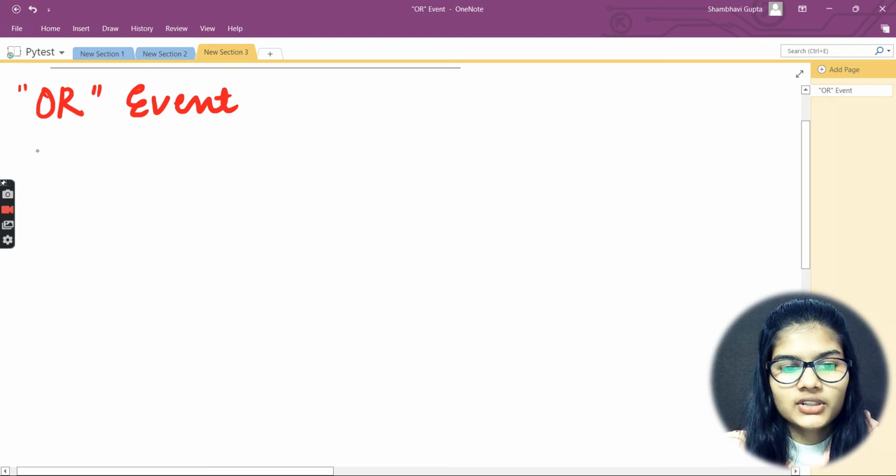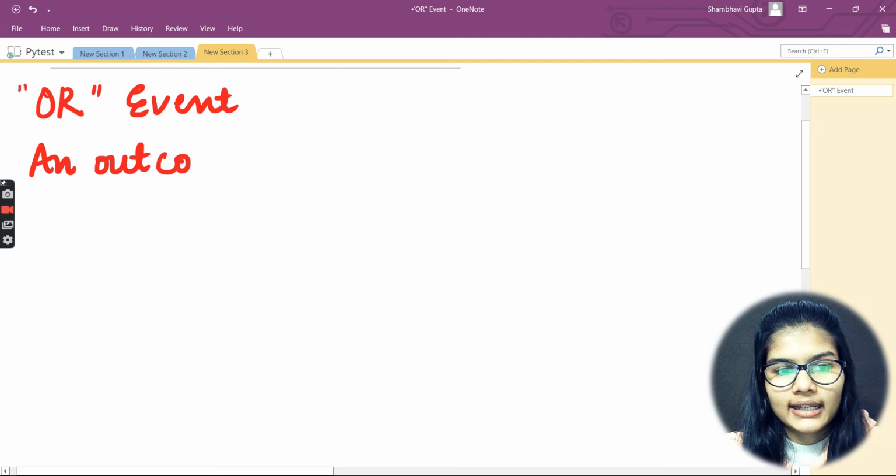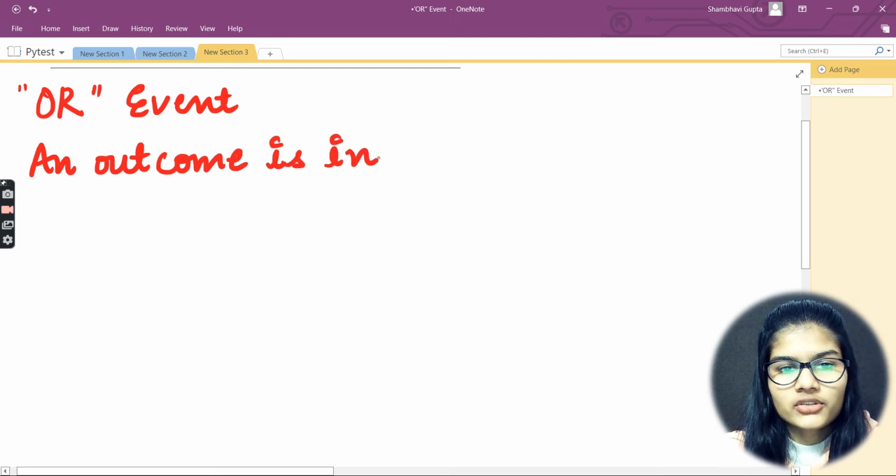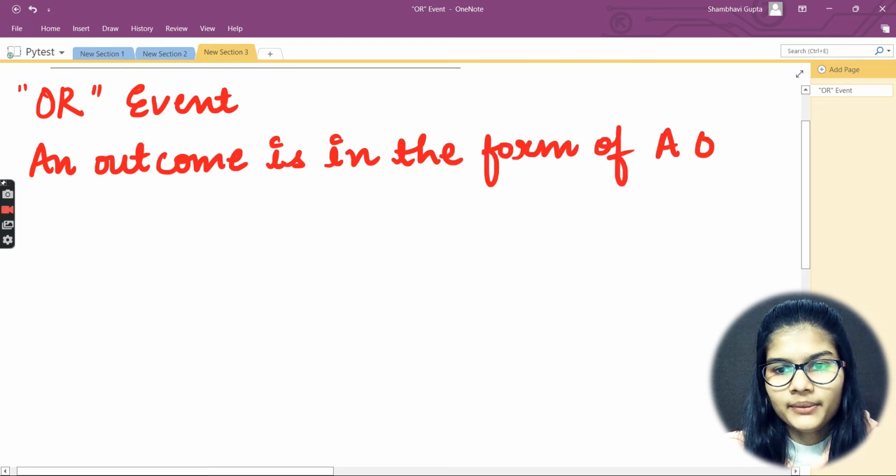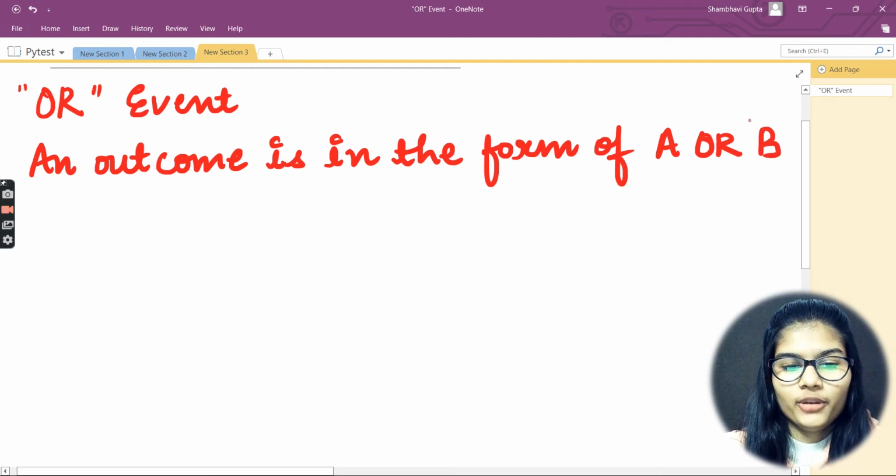In an OR event, an outcome is in the form of A or B. This is how we write that out. A or B.